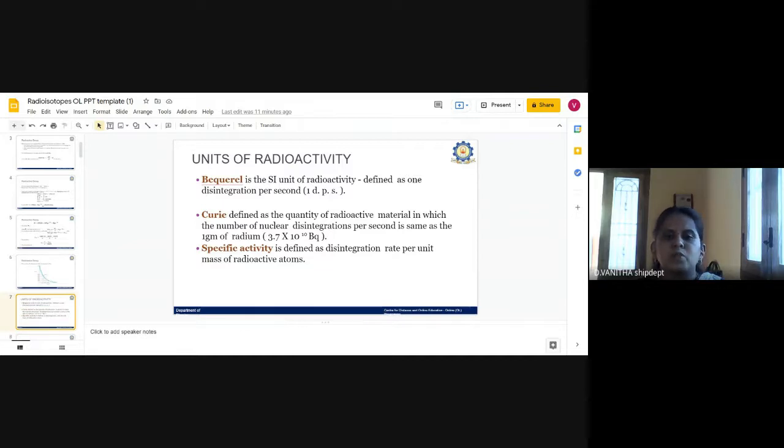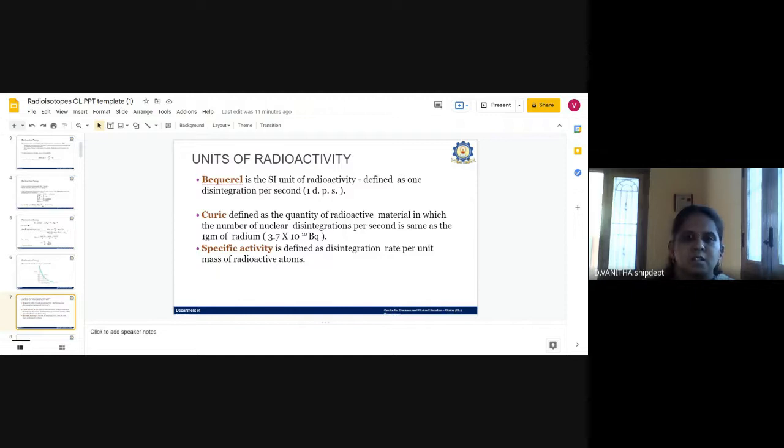One Curie is defined as that quantity of radioactive material in which the number of nuclear disintegrations per second is the same as that of 1 gram of radium. So 1 Curie can be written as 3.7 into 10 to the power 10 becquerel.